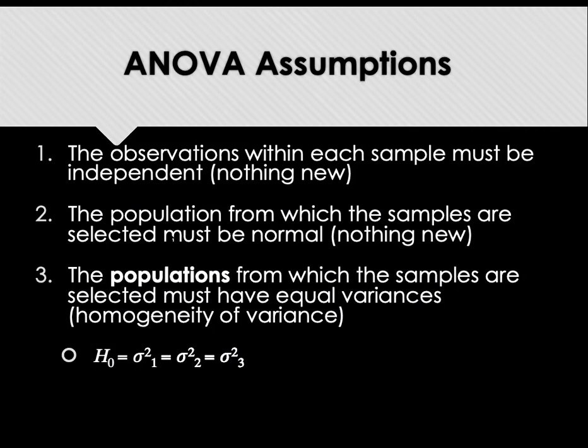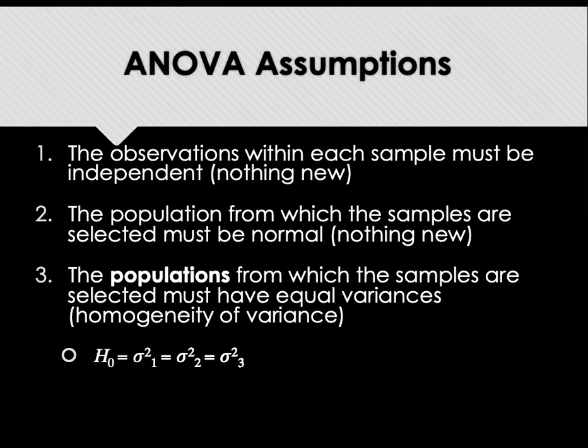The population from which the samples are selected must be normal. That's nothing new, it's the same as what we've always talked about. And the populations from which the samples are selected must have equal variances. That's also called homogeneity of variance.